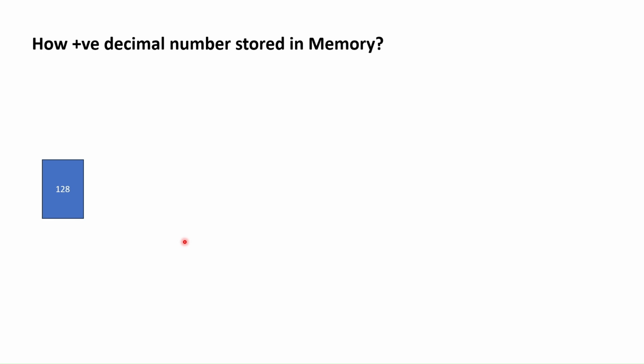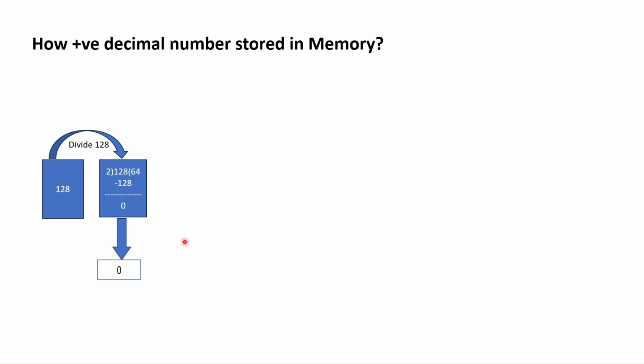As we know, anything in electronic devices has to be converted into binary form, meaning ones or zeros. So let's say you have 128. It will be converted using binary division. You first divide 128 by 2, so you have 64 as the result and a remainder of 0.